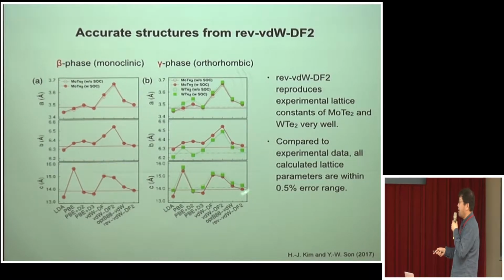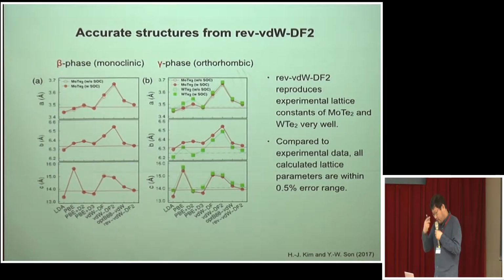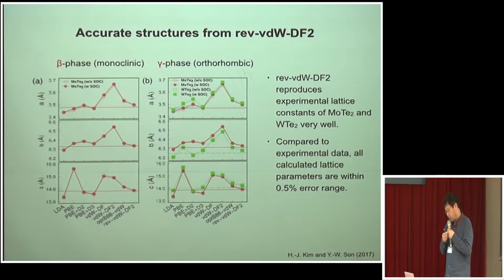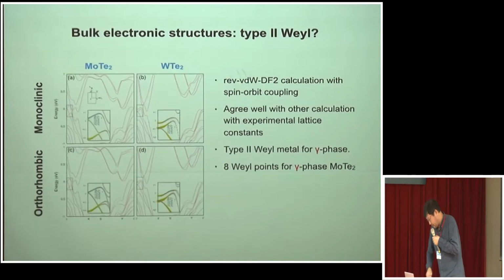With other functionals, once one parameter fits, the other one is very bad, and vice versa. So I recommend, if you are doing computational materials research, that it is very important to include the appropriate van der Waals functional to calculate layered materials. The error rate is 0.5% for the crystal structure.